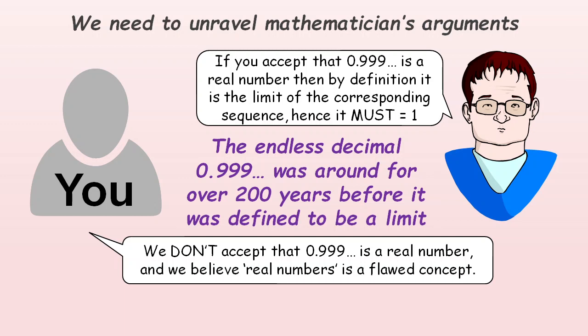So it isn't set in stone that it represents a limit, because it hasn't always done that. Not only has the symbol had different meanings in the past, but even today it has multiple meanings because it can be interpreted as a geometric series. And so the symbol is not exclusively reserved to represent a limit.